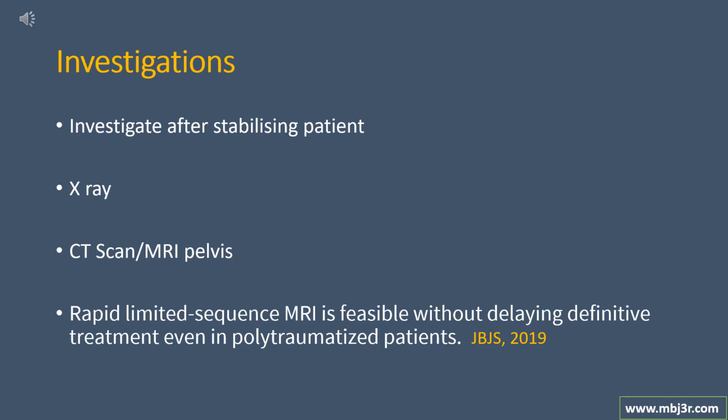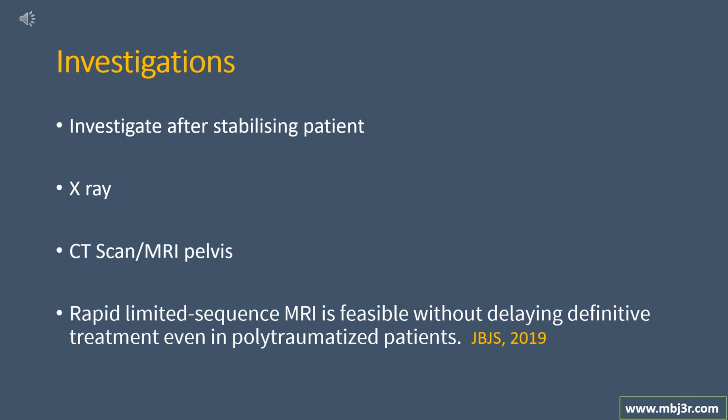Coming to the investigations, you have to investigate the patient after stabilizing. X-ray of the thigh with the one joint below and one joint above is required. CT scan and MRI pelvis are required to rule out associated injuries.